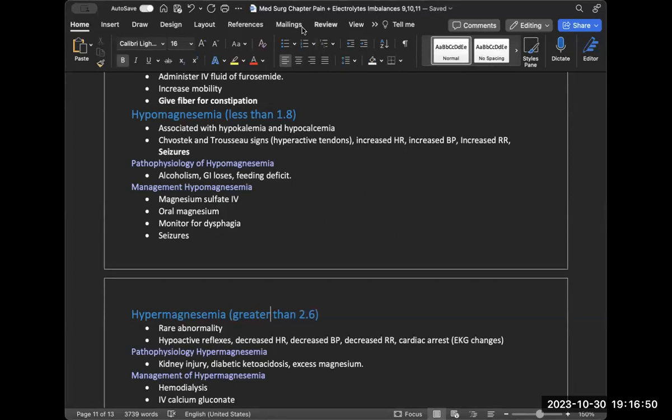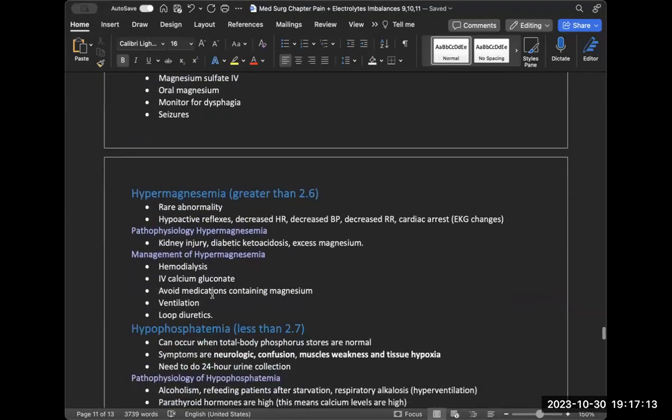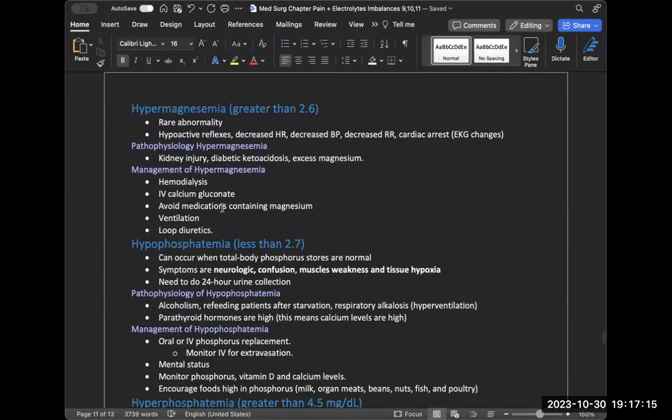So low magnesium levels have the same signs and symptoms as low calcium levels. So nothing else needs to change, just that you need to know that for hypomagnesemia, I'm giving magnesium. It's caused by alcoholism or GI losses, especially that alcoholism. I remember for magnesium, that low magnesium is caused by alcohol, taking in too much.